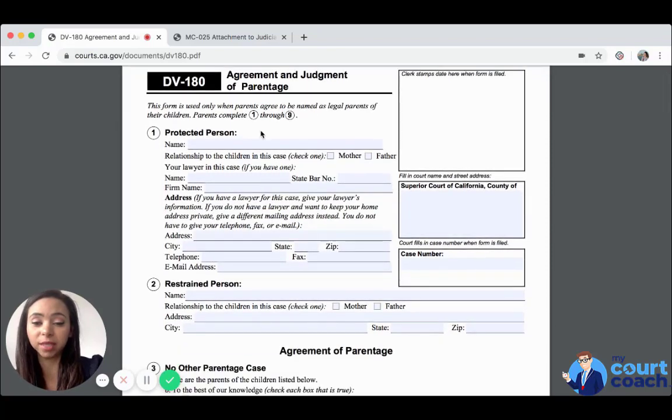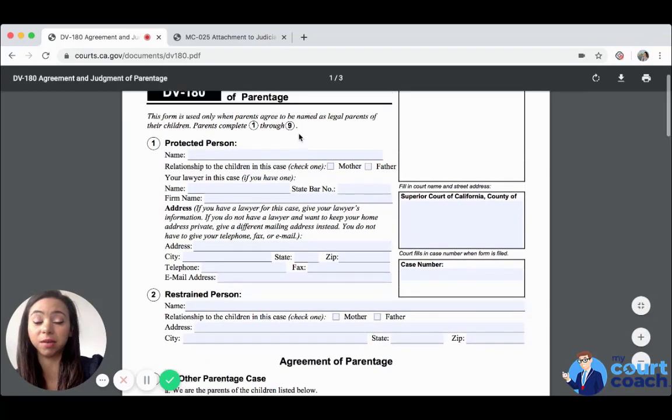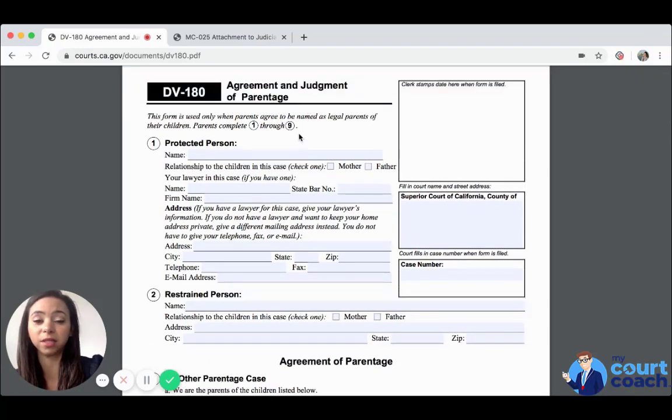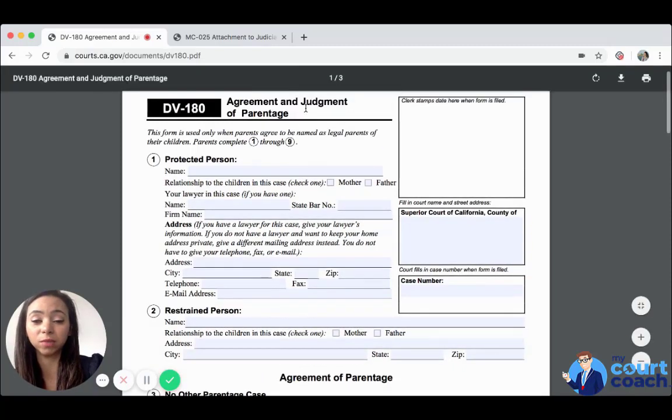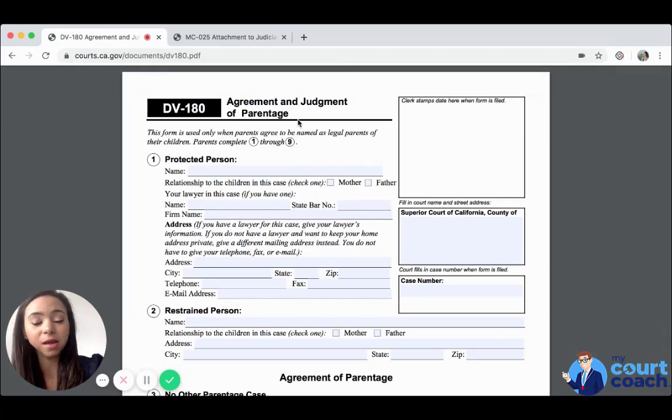It says agreement and judgment, so that means this is going to be the final order. If you sign off on this, there is no going back unless you are facing fraud, duress, coercion, one of those things that would allow for the judgment to be set aside, meaning to be undone.